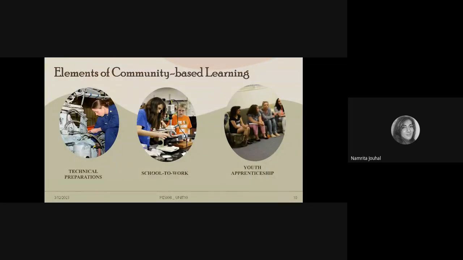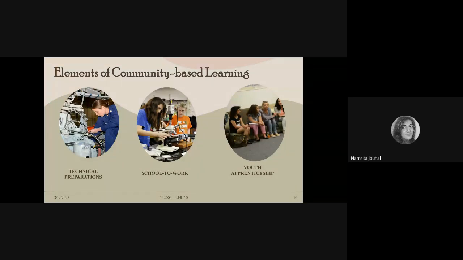Okay, so another element is technical preparation. The school should ensure that there are technical preparations, which means there should be programs in which they go for technical training. Then there should be school to work. That means there should be some professional information given as per the skills they will need, so there is some practice in the school itself and they are learning what certain aspects could be.